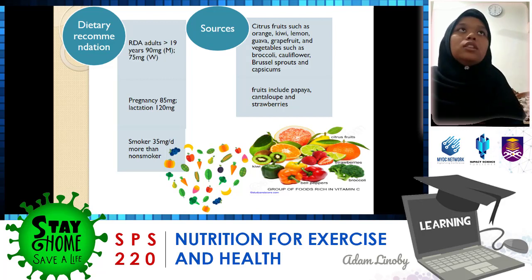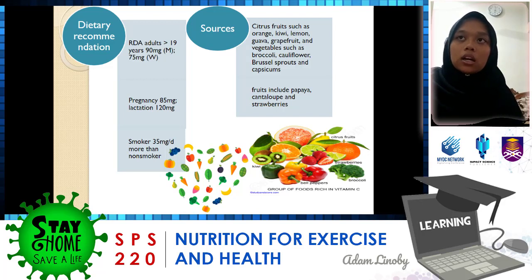Lactation, 120 milligrams. Smokers need 35 milligrams per day more than non-smokers. Okay, sources of vitamin C: we can get it from citrus fruits such as orange, kiwi, lemons, guava, grapefruit.